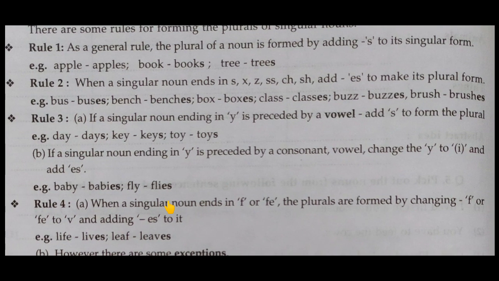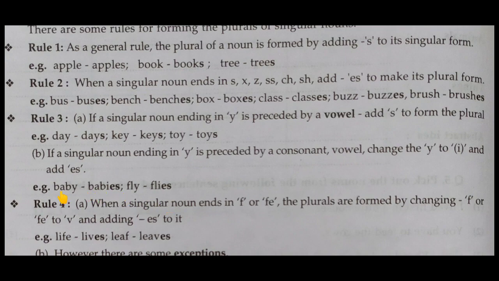So let's see examples. Here is the first example, baby. So here this word is ending with y, okay, and preceded by consonant b, okay. So there are only 5 vowels in the English language, okay, a, e, i, o and u.